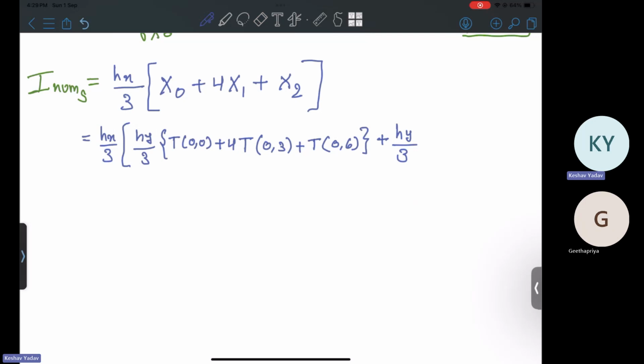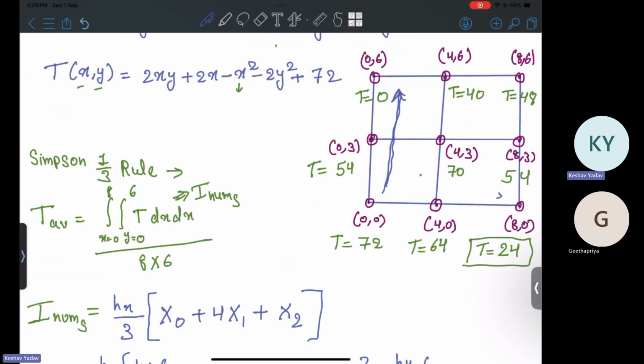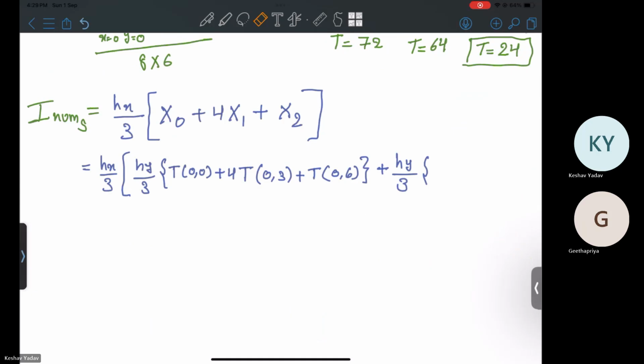Plus hy by 3. Now at this line we want to write, so that will be equal to T(4,0) plus 4 times T(4,3) plus T(4,6), close, plus hy by 3.